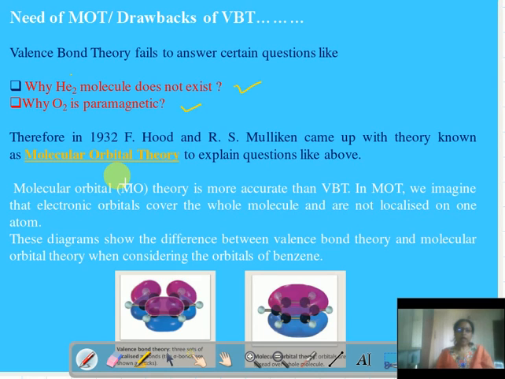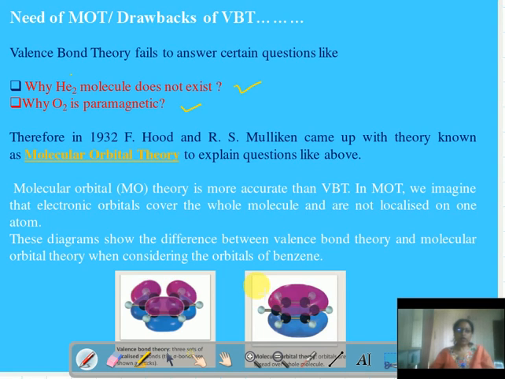There we considered that the electrons are delocalized on top of the whole molecule, but in valence bond theory we have considered that electronic orbitals do not cover the whole molecule, they are localized on top of the atoms.